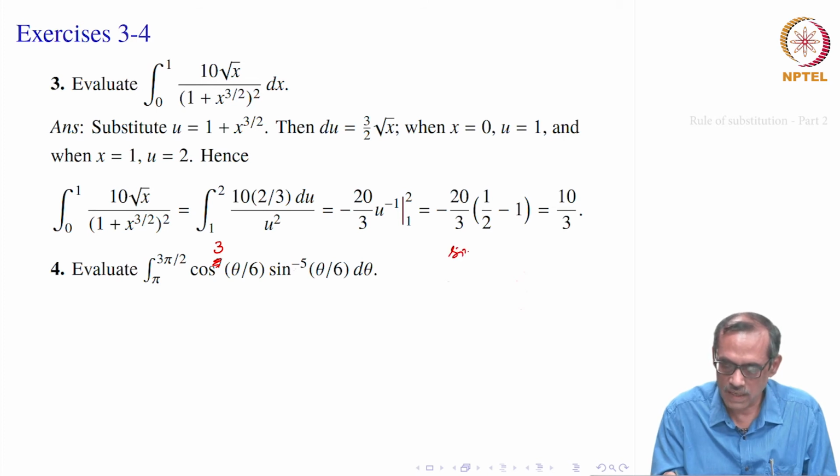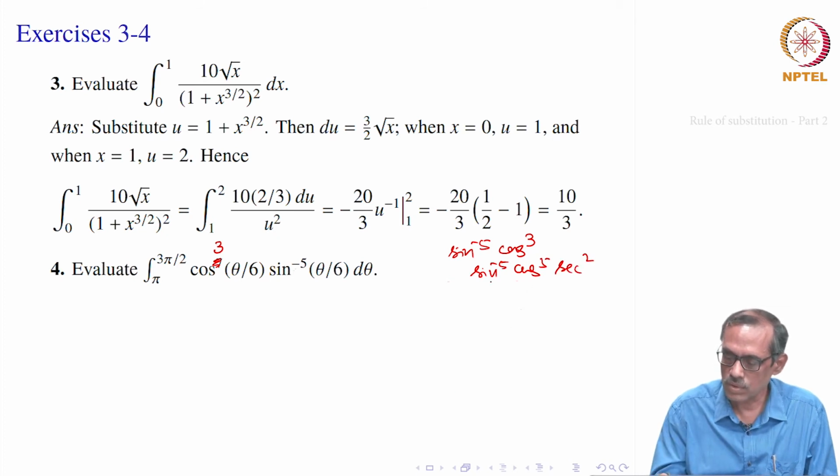This sine minus 5 and cosine cubed, we can write as sine minus 5 cosine 5 into secant square. So that gives sine by cos to the power minus 5 and secant square.